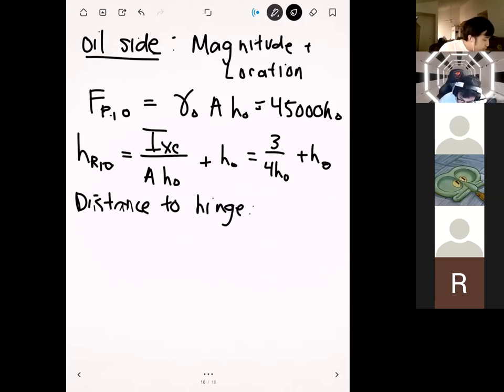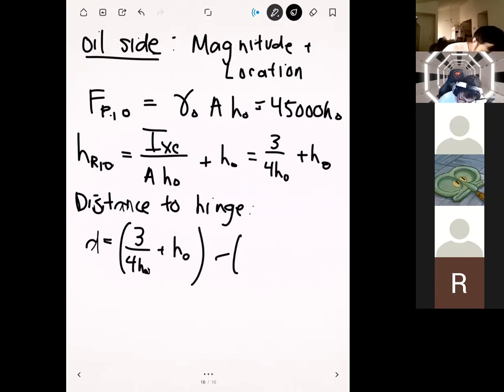The distance to the hinge, we need to compute this for the oil side. For the water side it was simple because the water came right up to the gate. But for the oil side, because HO is going to be higher, we need to compute this distance. This distance is our location right here: 3/4 HO plus HO, minus HO, minus 1.5.